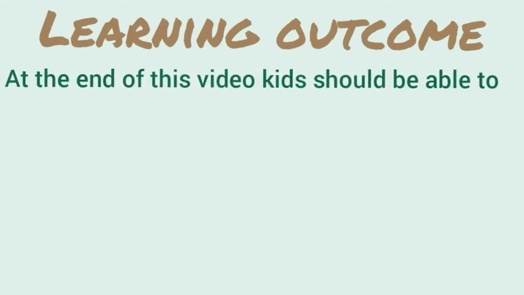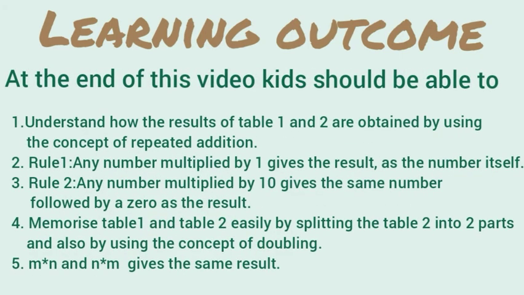Now let's see the learning outcome. At the end of this video, the kids should be able to understand how the results of table 1 and 2 are obtained by using the concept of repeated addition. They should also know that any number multiplied by 1 gives the result as the number itself, and any number multiplied by 10 gives the same number followed by a 0 as the result.